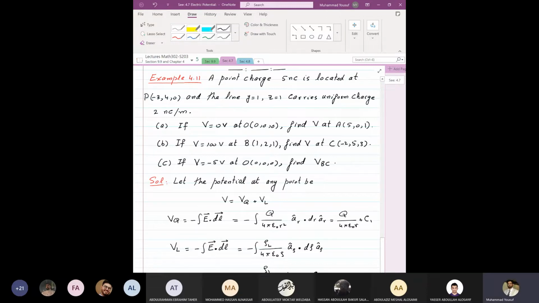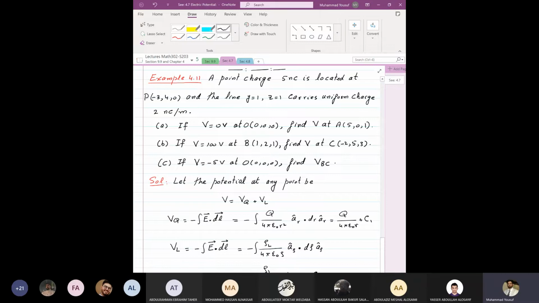Okay. If potential is equal to 0 volt, left side capital V is potential, right side V is volt. If potential is 0 volt at the origin, now you know there is already one point charge and one line charge. And the point where we are going to find the potential is called the field point. Maybe you know this term, field point.